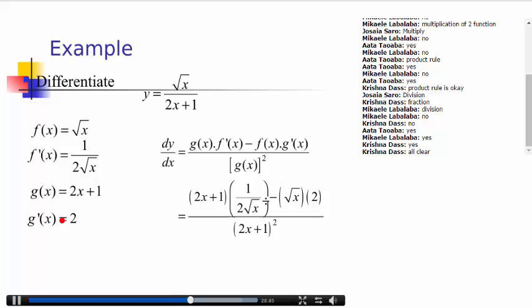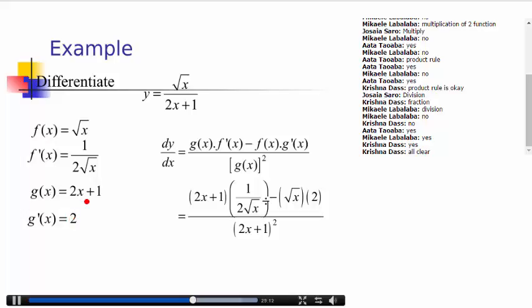So we just saw if we have root of x, then if we differentiate that, it should give us 1 over 2 root of x. I assume that you don't have a problem with this now because we just saw step by step how it's been solved. And then for gx, we have 2x plus 1. So g dash of x is 2.